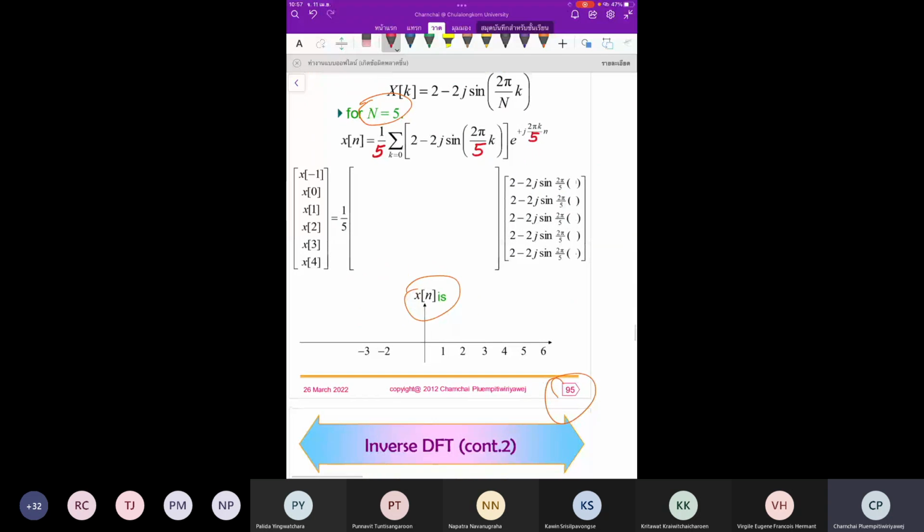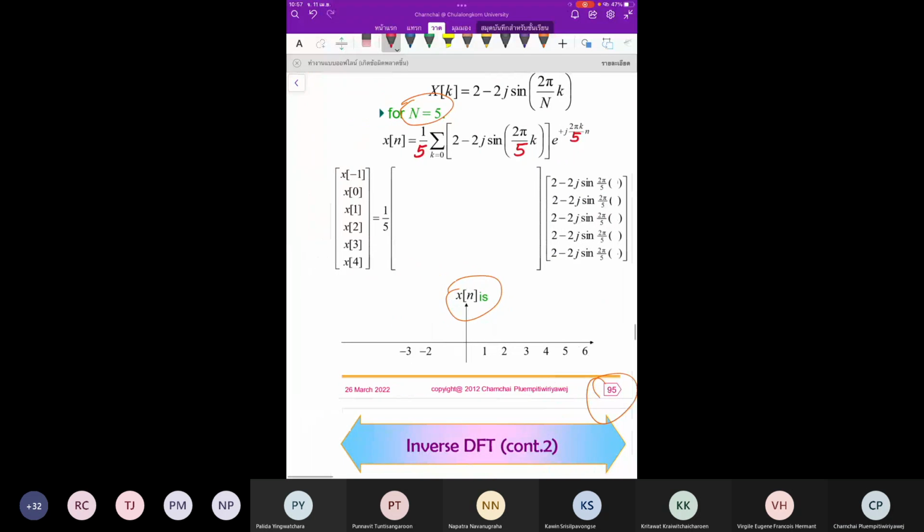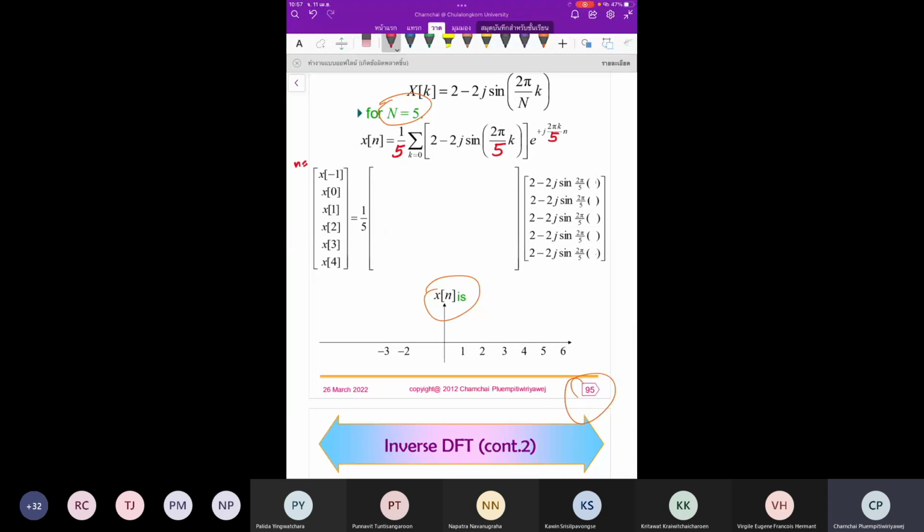Remember, this is n. In each row, n equal to negative 1, 0, 1, 2, 3, 4. And for this vector, you put k in.